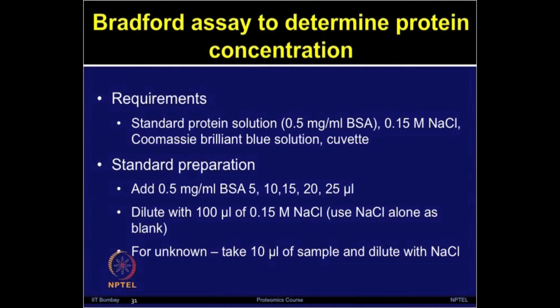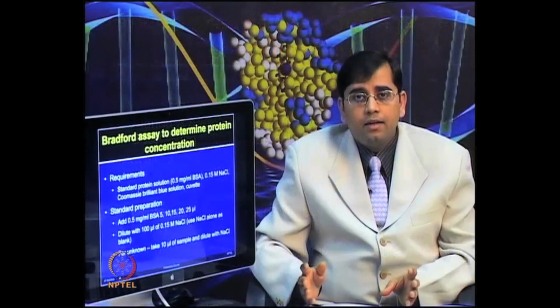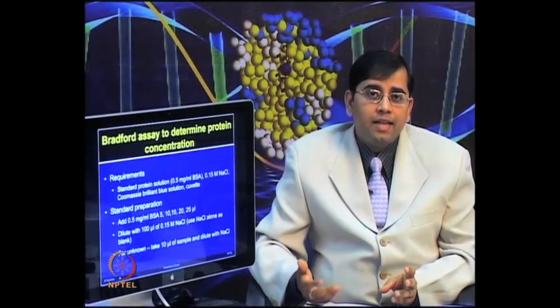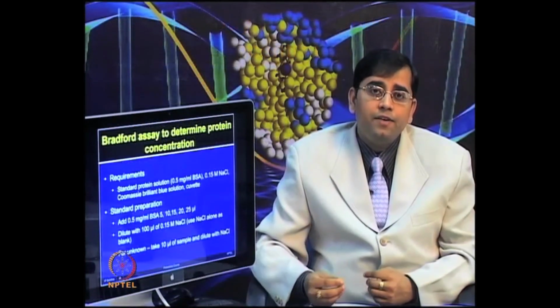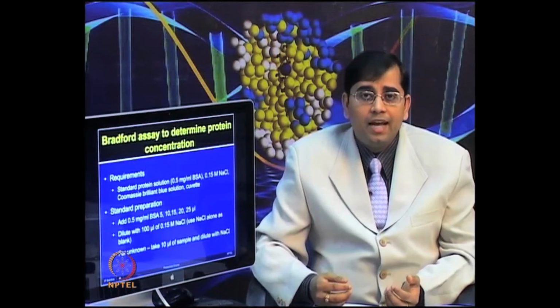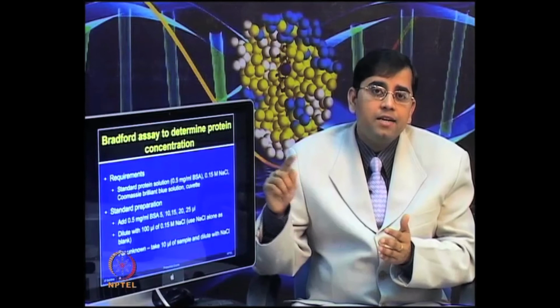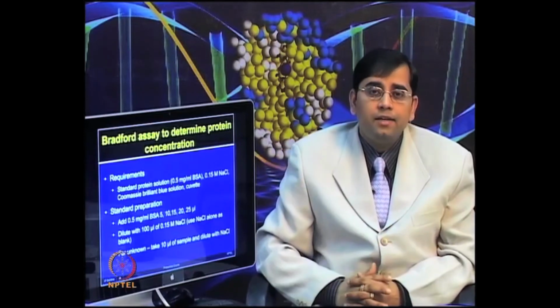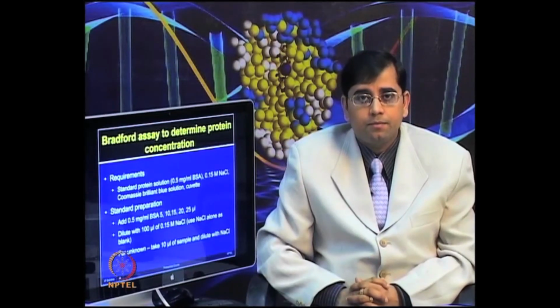Now, if your unknown is giving you absorbance higher than your standard preparation series, it is a better idea to try different dilutions of your unknown sample, because it has to fall within the standard curve of the standard dilutions you have taken.